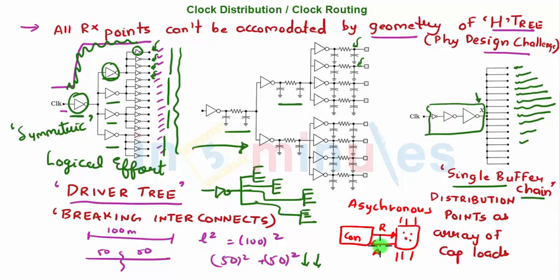But that itself is quite a daunting task, and hence we moved ahead and saw the concept of driver trees and single buffer chain, and how we need to size our inverters using logical effort, by breaking the interconnects and ensuring that the clock tries to reach all the points at the same time.